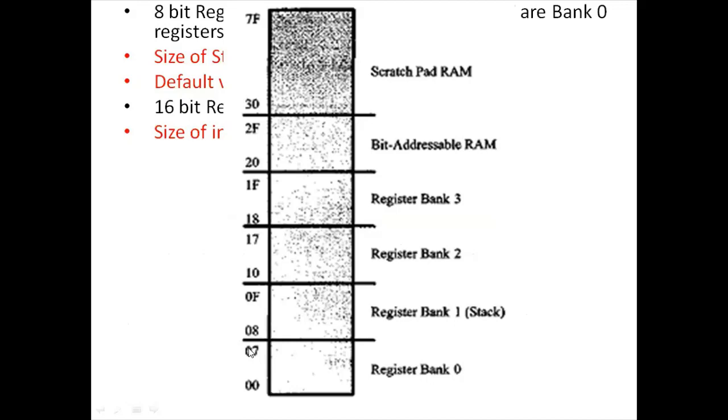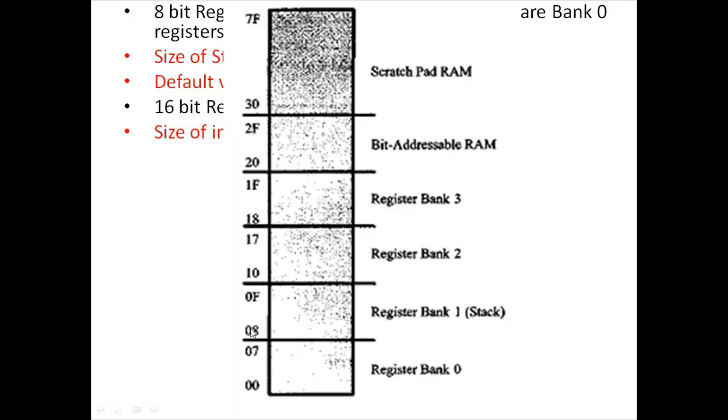The reason is when you write in stack memory, that is push operation, your pointer first gets incremented. So first it will become 08, and now it is pointing towards bank 1. If the default value were 08, it would first get incremented and become 09. So 1 byte is getting wasted, and hence we ensure that the default value of the stack pointer is 07.